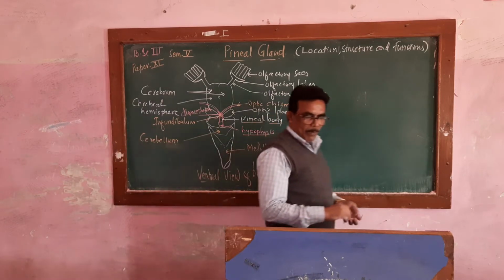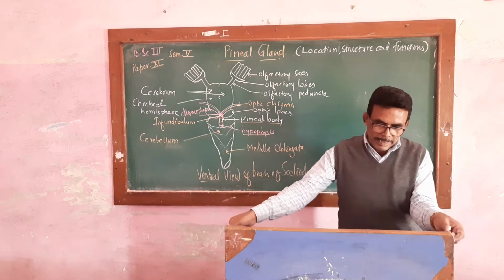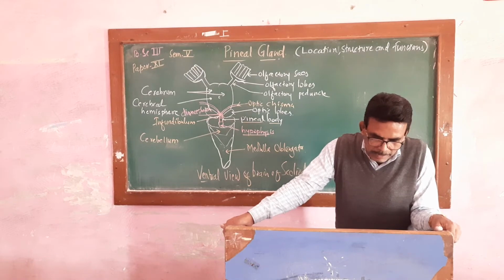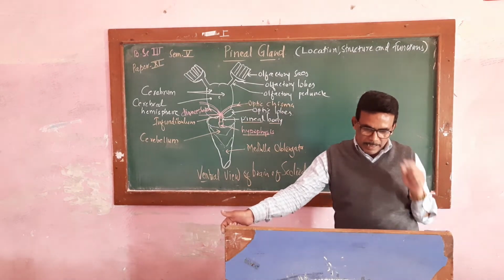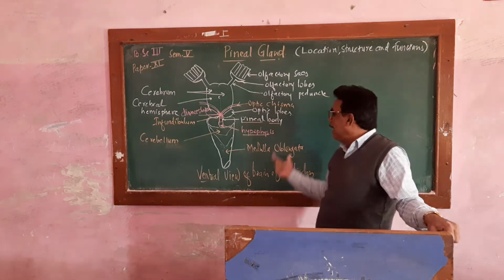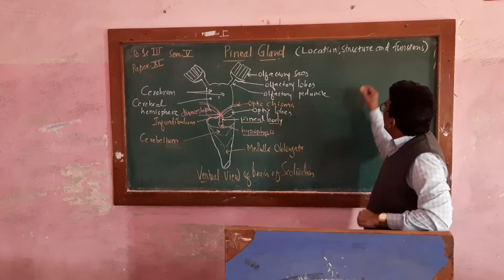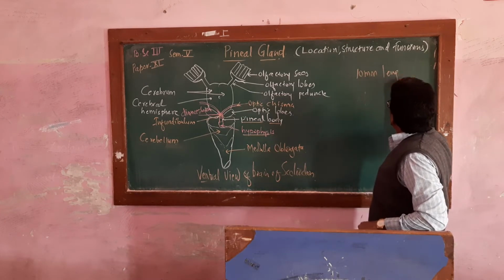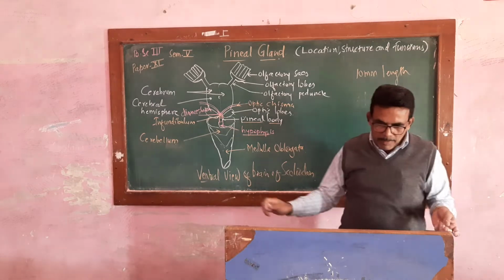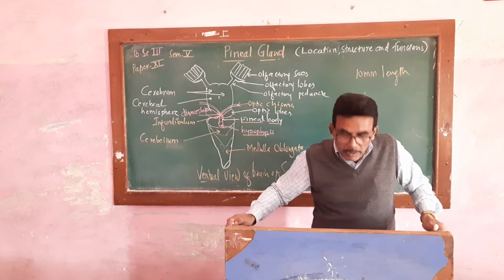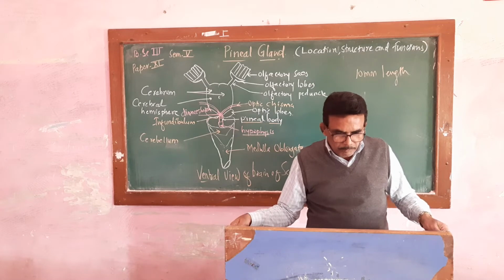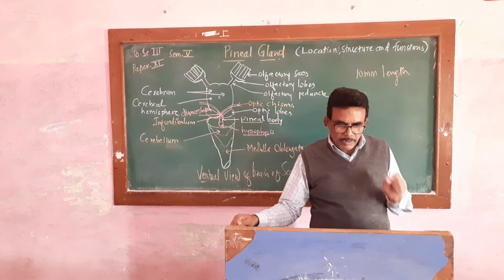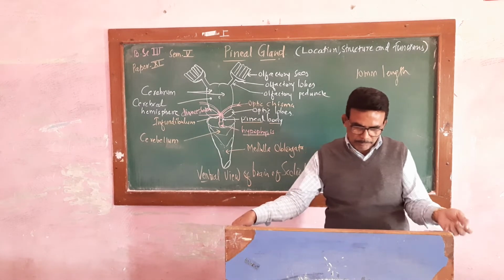It is reddish gray in color and approximately 10 mm in length and 1 mm in breadth in the case of a dog.